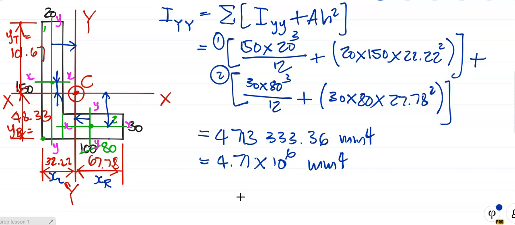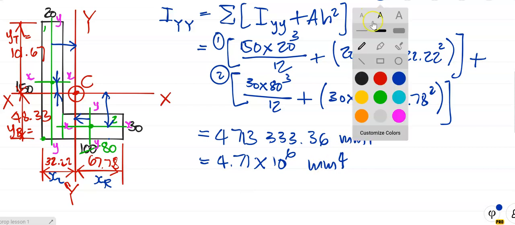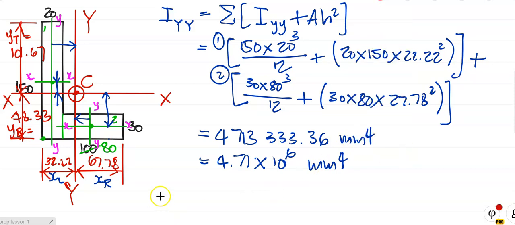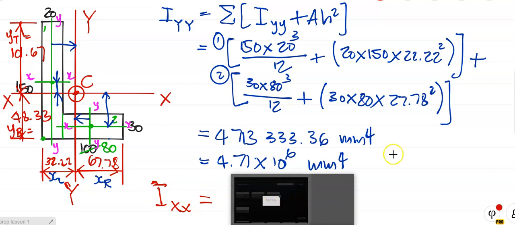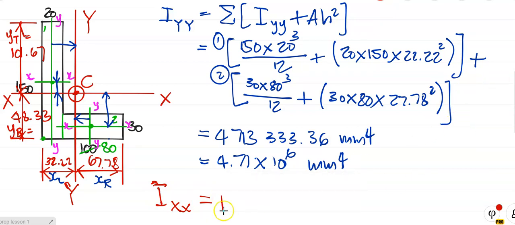Now, if I just very quickly look at IXX and IYY, let me record it again here. IXX was equal to 1.06 times 10 to the power 7 millimeters to the fourth.